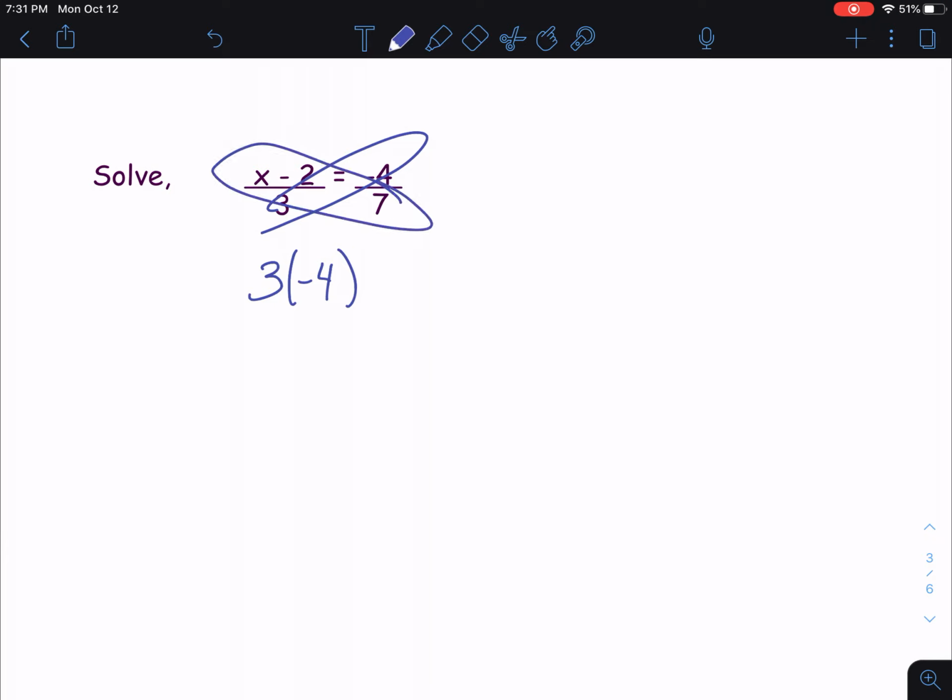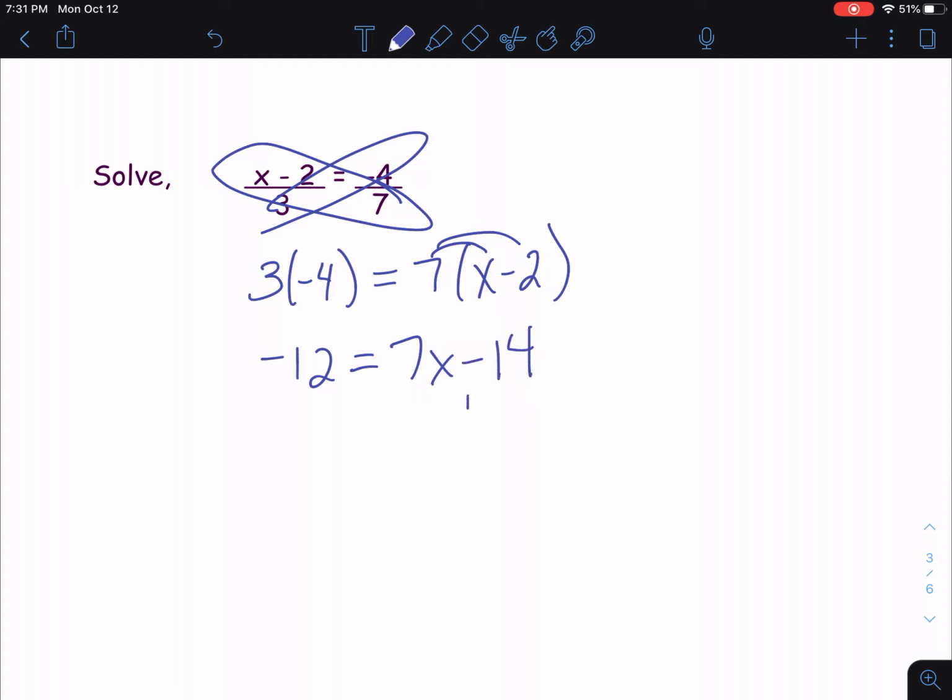It is very important in this second cross product that I make sure I take 7 times all of the other numerators. So I'm going to group that numerator together within parentheses. 3 times -4 is -12, and then I need to make sure that I take 7 times each piece included in that numerator. This gives me 7x minus 14.